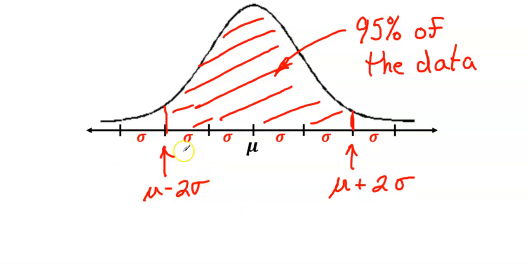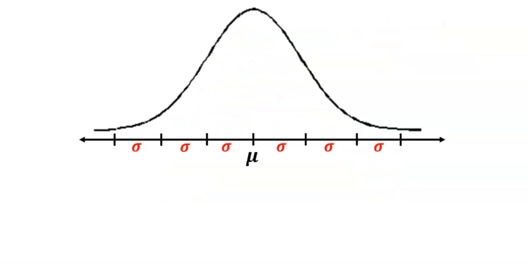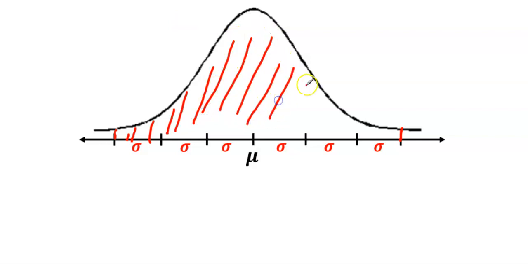Okay. Now let's look at one more sketch involving this bell shape. Now this time I'm going to go 3 standard deviations to the right and 3 standard deviations to the left. So now we have trapped just about all of the data under this curve.